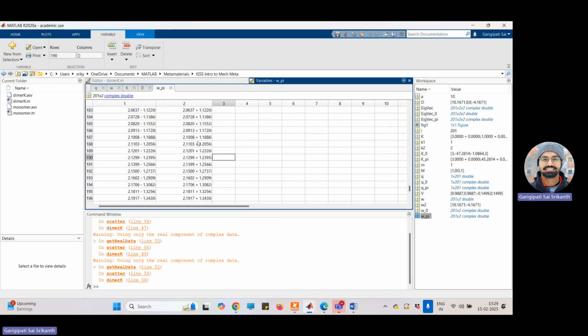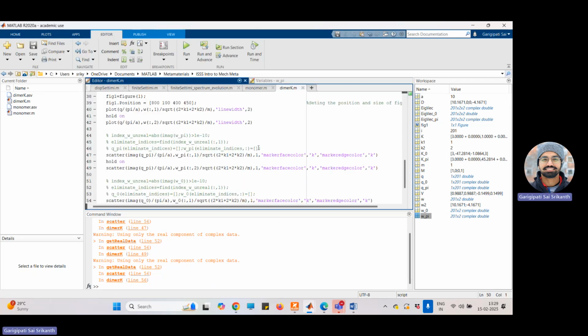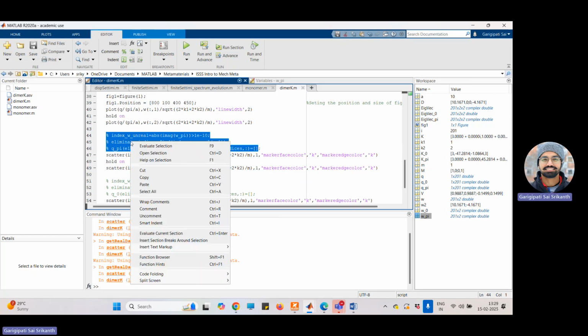So all the frequency values where there's an imaginary component need to be rejected, just like we reject negative frequencies. We have to reject imaginary frequencies. To do that, we identify the index position where omega is imaginary.